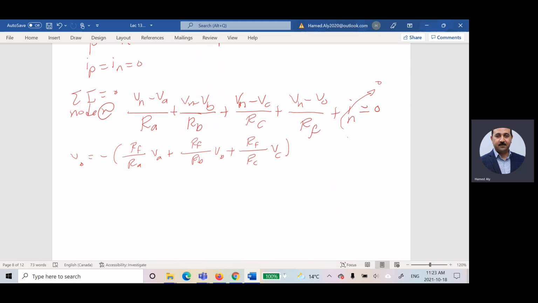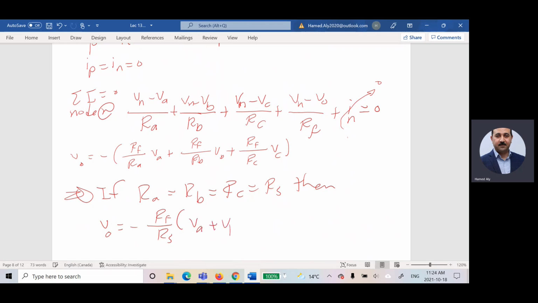If you would like to have one gain, I can say as a special case, if Ra is equal to Rb is equal to Rc is equal to Rs, then Vo is equal to negative Rf over Rs multiplied by Va plus Vb plus Vc.